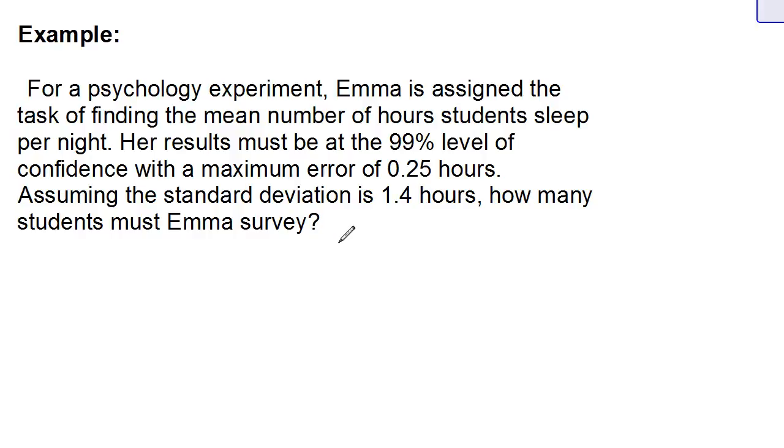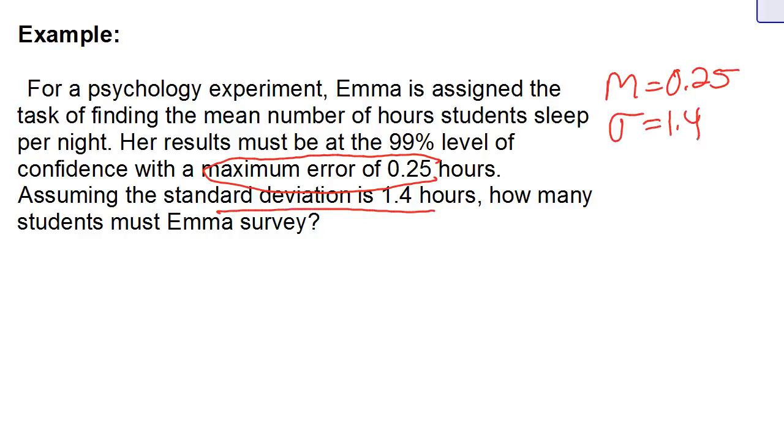So we know that we want a maximum error of 0.25. We know that the standard deviation is 1.4, and we know that the confidence level is 99%. So we need to find, first of all, our z alpha divided by 2, and we're looking for our sample size.